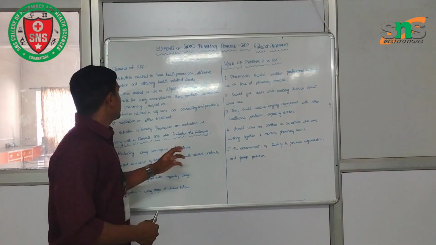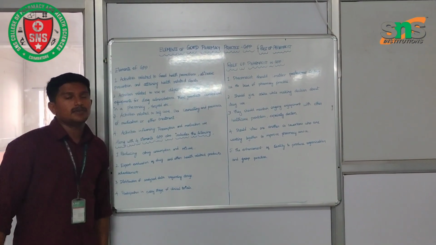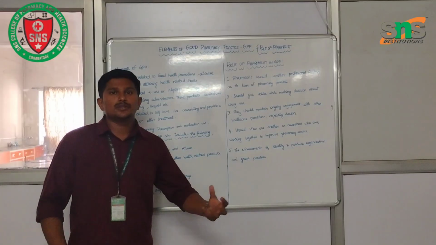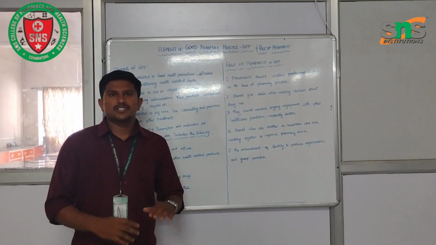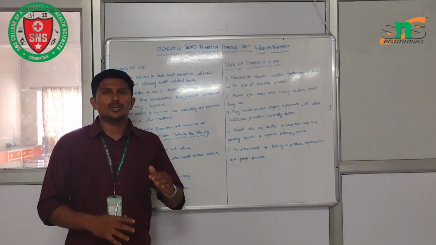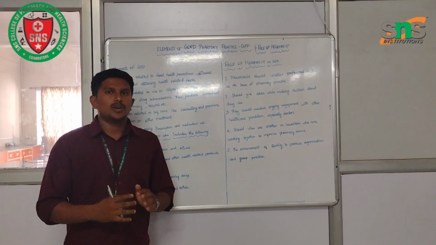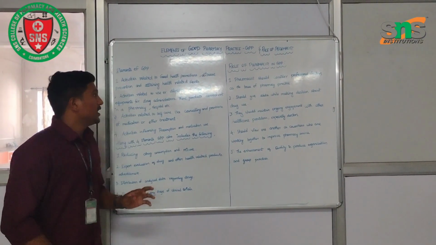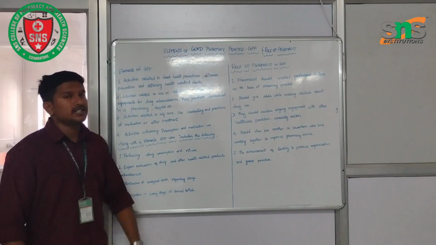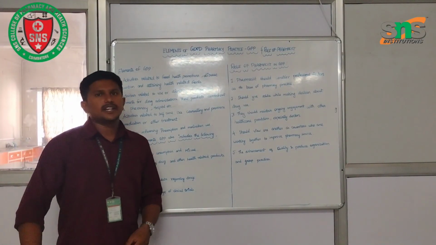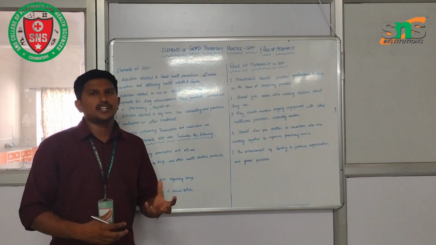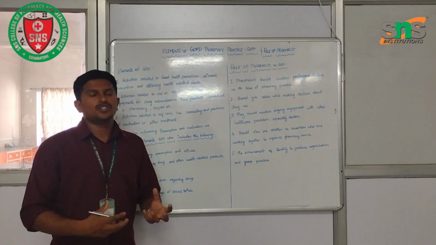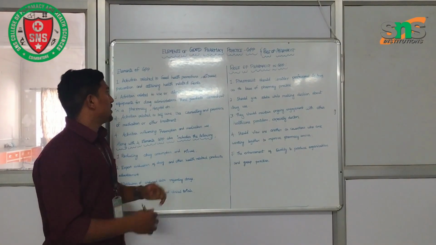Next, disease prevention: if a patient can get a disease, how can the patient adapt in the hospital and how do they prevent some types of disease? This is disease prevention. And attaining health-related goals means the person can attain some future goals. It is called health-related goals.